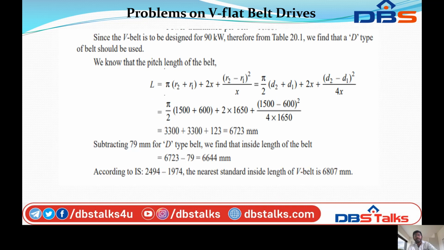Since the V belt is to be designed for 90 kilowatts, from the table we find that the D type belt should be used. This table was already seen in the previous slide. So we can see the table.